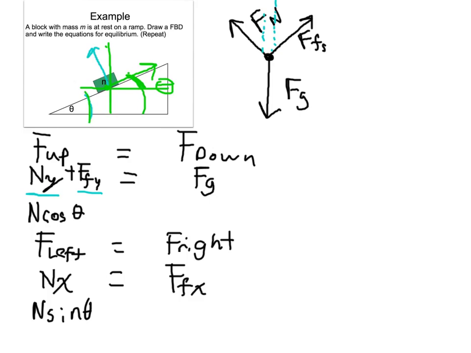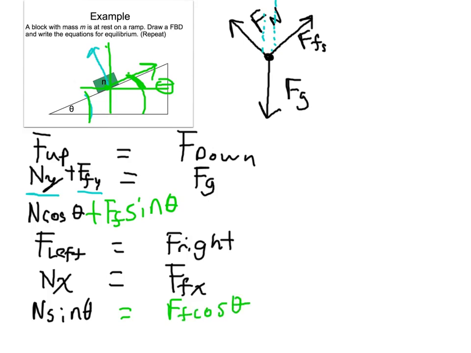So friction will behave just like we're used to. So the y part of friction is the force of friction sine theta, and the x part is the force of friction cosine theta.